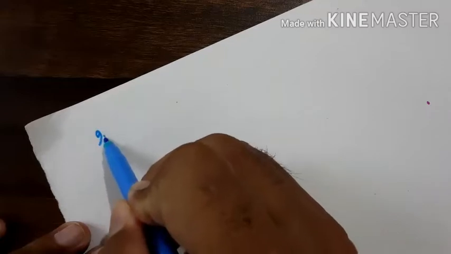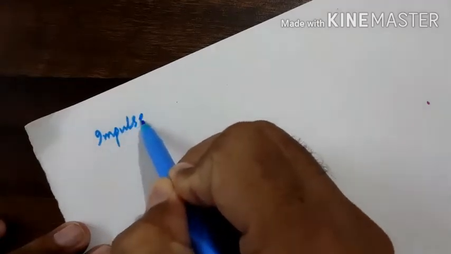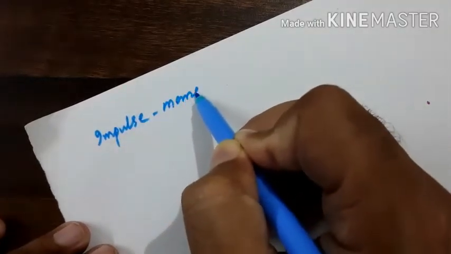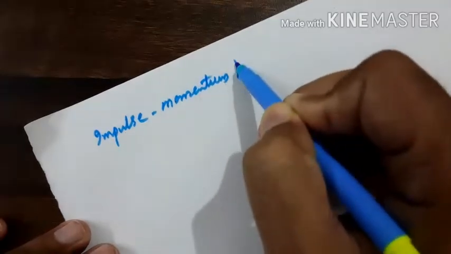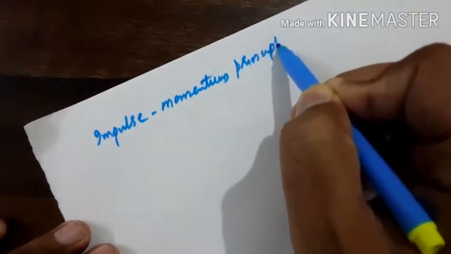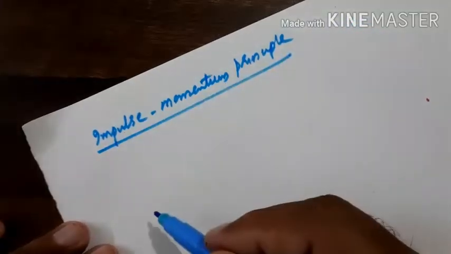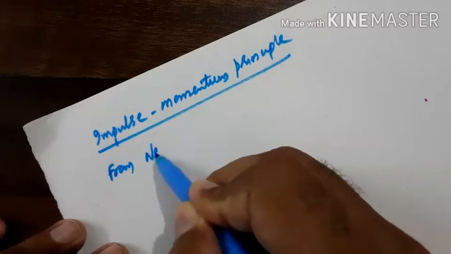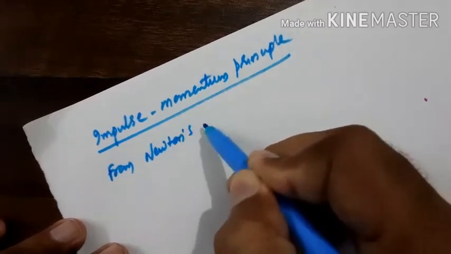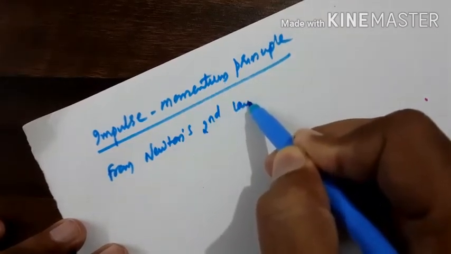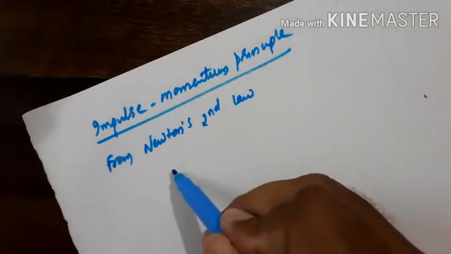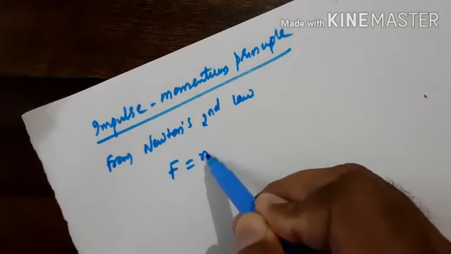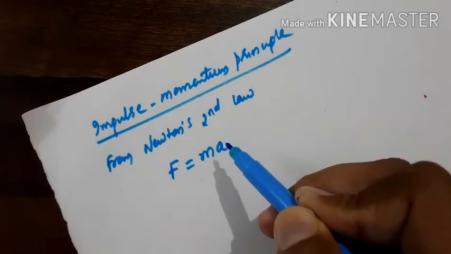And this impulsive momentum, so impulse momentum principle, next is this impulse momentum principle from Newton's second law. What is Newton's second law? That is F equal to m into a.